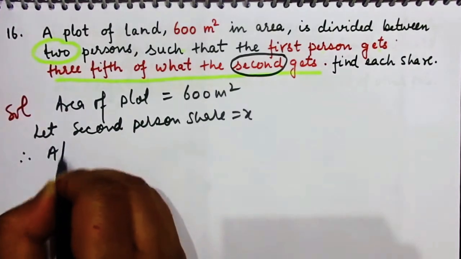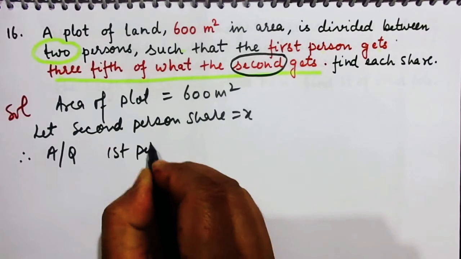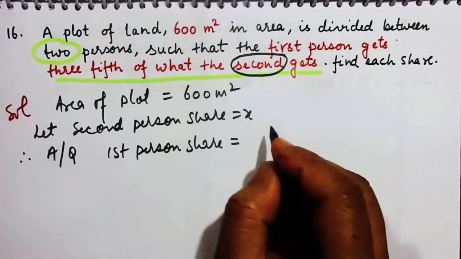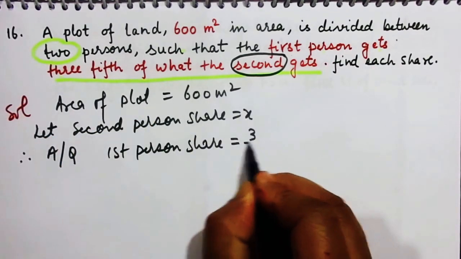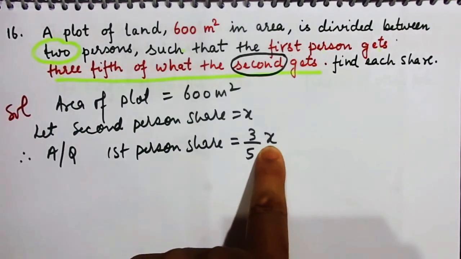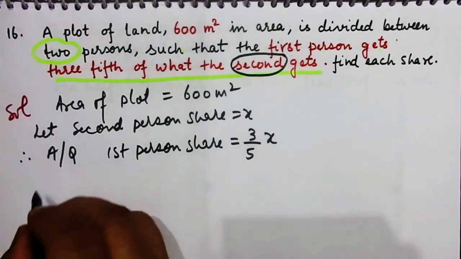Therefore, according to the question, first person's share is equal to 3 by 5 of X of the second. Let us find the ratio.